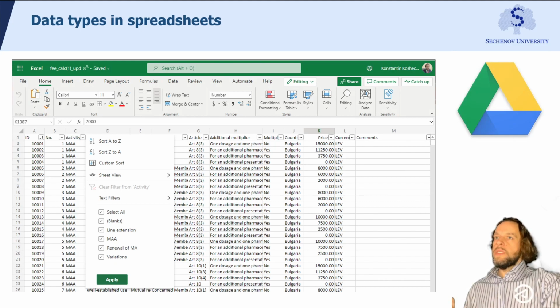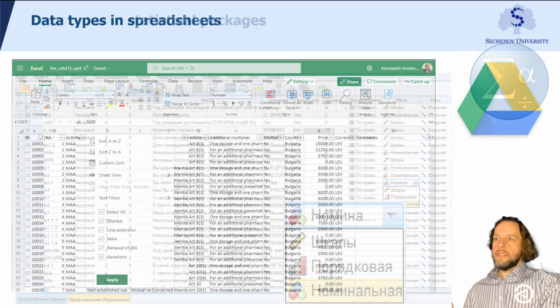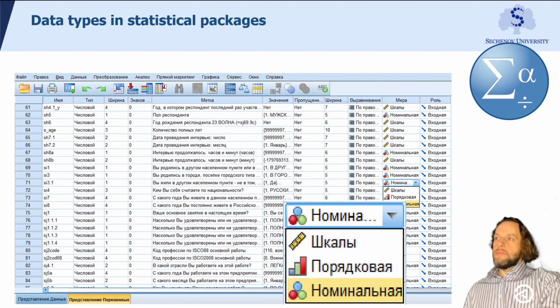Actually, we choose types of data multiple times in different programs. For example, in our spreadsheet management tools, we could choose what we're working with. Is it date, or is it numbers, or is it text, or something like that?